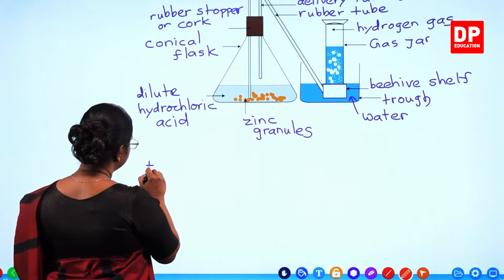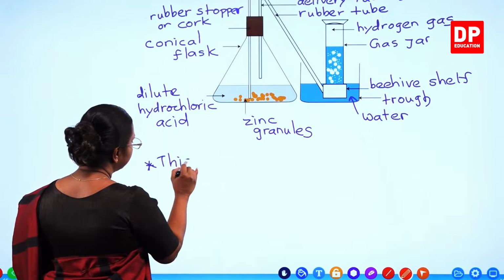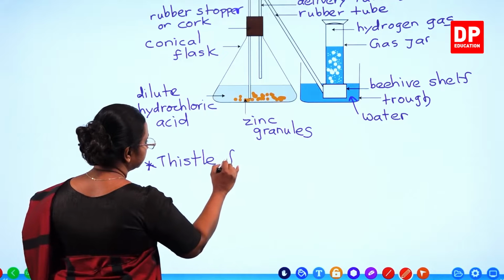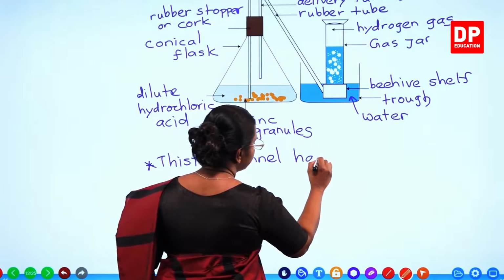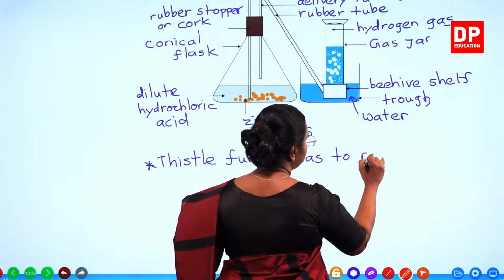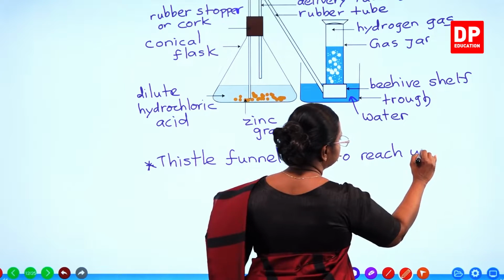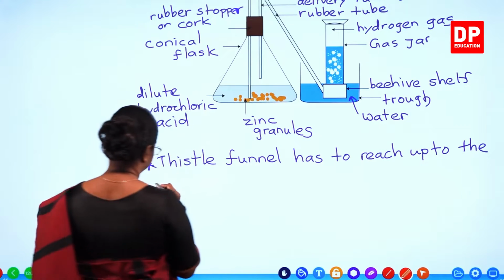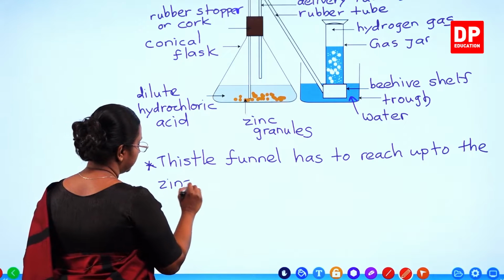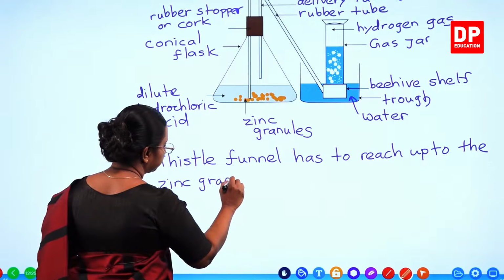one point, the thistle funnel has to reach up to the zinc granules.